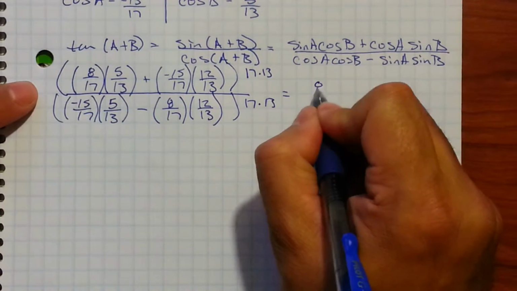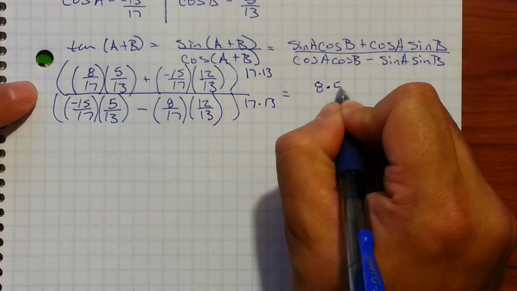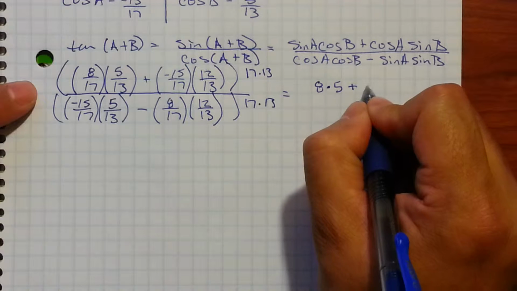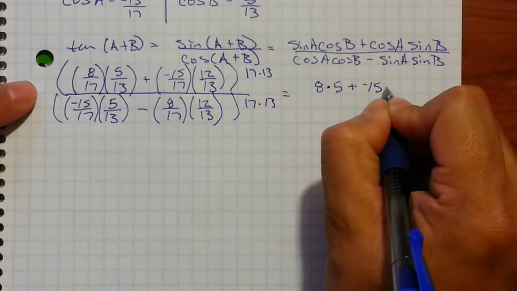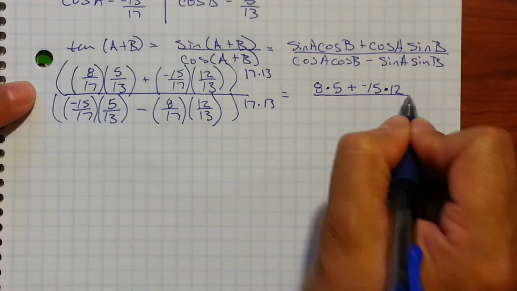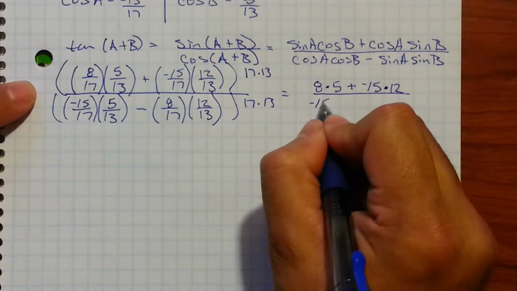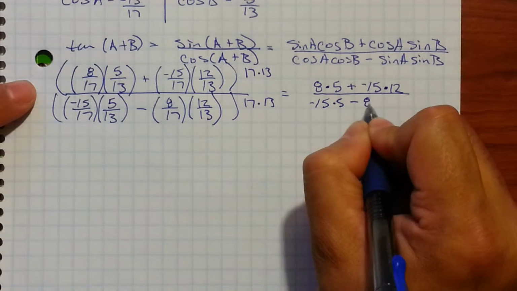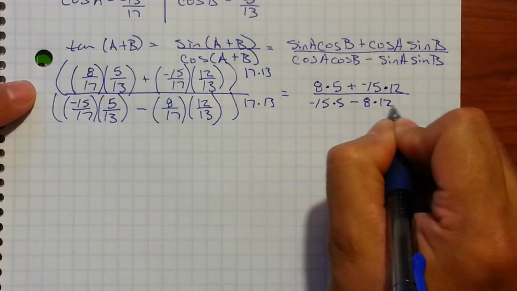So I'm left with 8 times 5 plus a negative 15 times 12, over negative 15 times 5 minus 8 times 12.